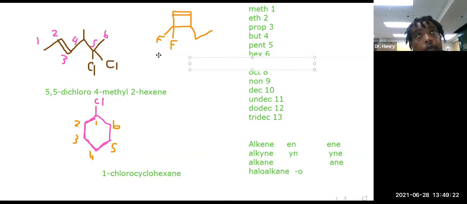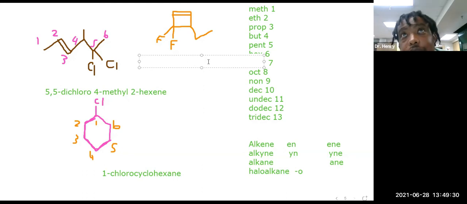Okay, so how are we going to start? How big is our circle? Longest carbon chain. How many carbons are in the circle? You said 6? I say 1, there's 2, there's 3, there's 4. Isn't it a square?